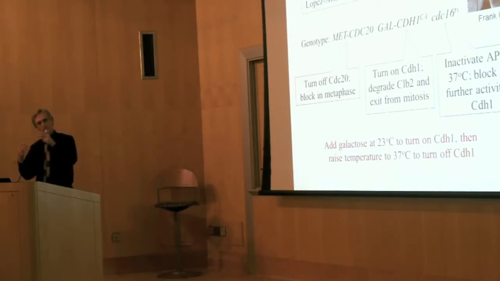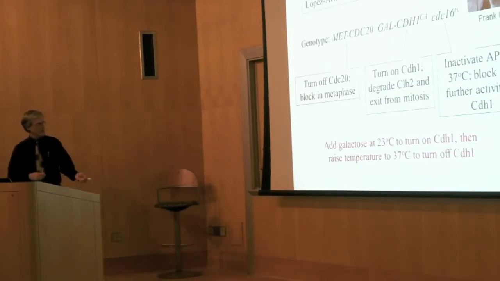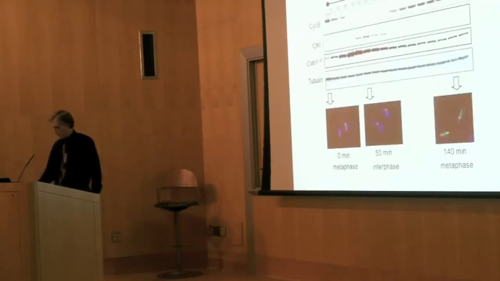So first you make the constitutively active CDH1 with good APC, and you degrade cyclin, and then you raise the temperature, CDC16 unfolds, the APC no longer works. Cool experiment. So we're going to add galactose at 23 degrees centigrade to turn on CDH1, and then we're going to shift the temperature to 37 degrees centigrade to turn off CDH1 activity.